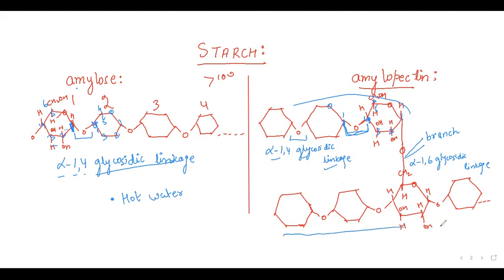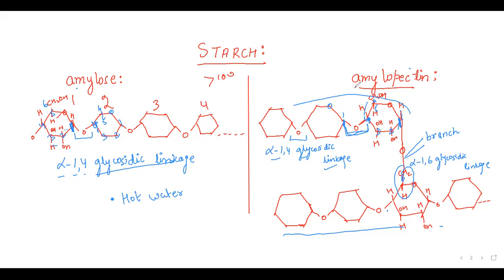Similarly, we have another chain. In amylopectin, these two starch chains will also bind together, so carbon 1 from this glucose will join with carbon number 6 of this glucose molecule, giving rise to a branch structure called alpha 1,6 glycosidic linkage.